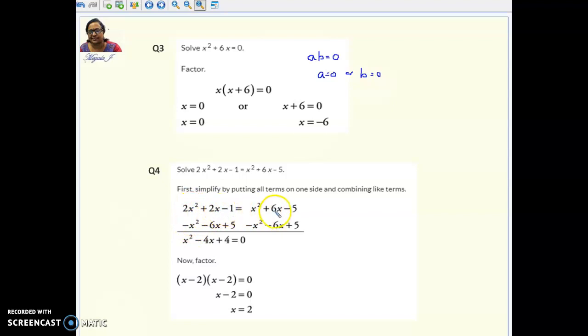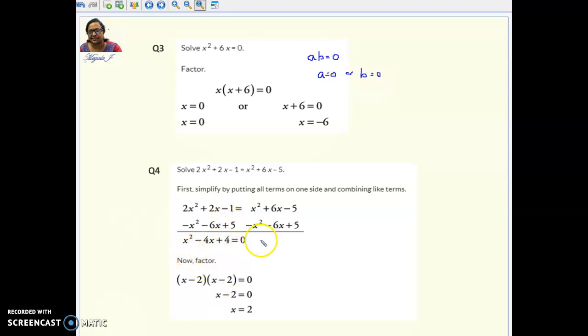Similarly, 6x is the x term, and I'm writing it below this x term, and the constant term below this, with the sign changed because it has come to the other side. This side is going to be 0. Then you just add these two. So 2x square minus x square is x square, 2x minus 6x is minus 4x, and minus 1 plus 5 is 4. That is equal to 0.